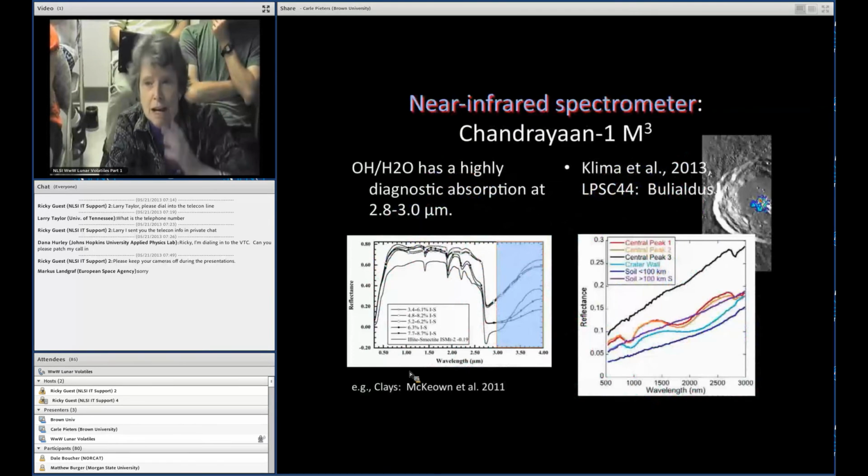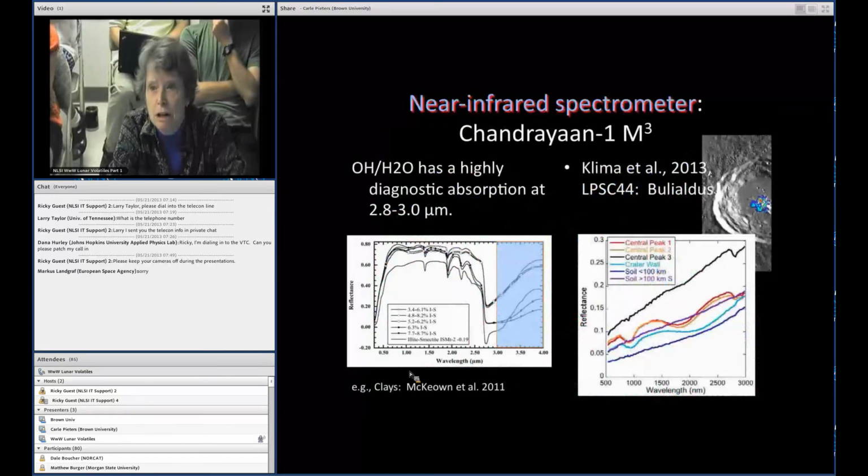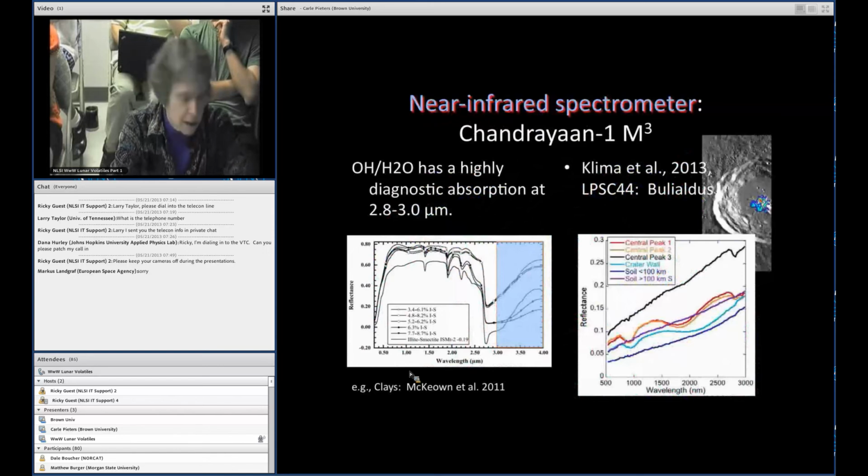Let me highlight two other aspects just because I think they're really cool. And this is targeted areas that some people are looking at. There was a lovely paper by Rachel Klima at the last LPSC in which I believe she submitted for publication, focusing on one crater, Bullialdus, which is a modest thorium anomaly on the moon.